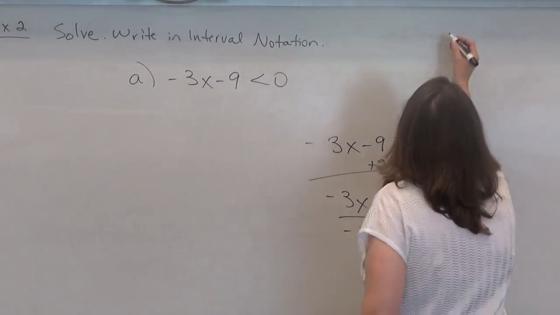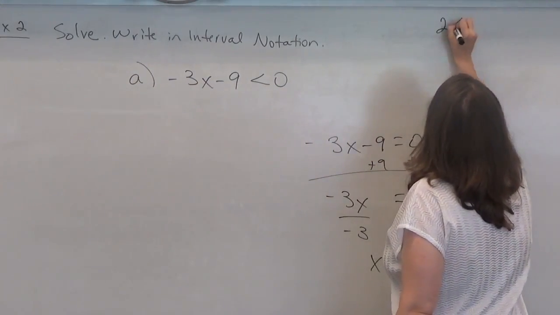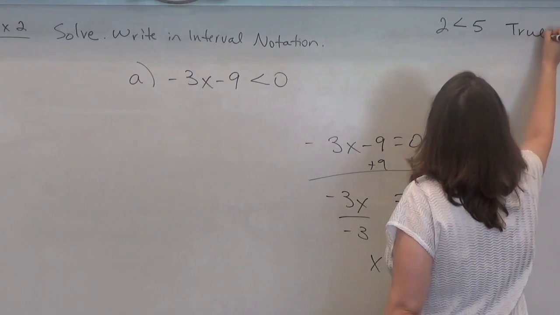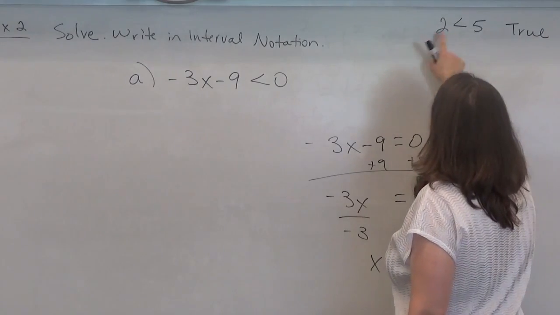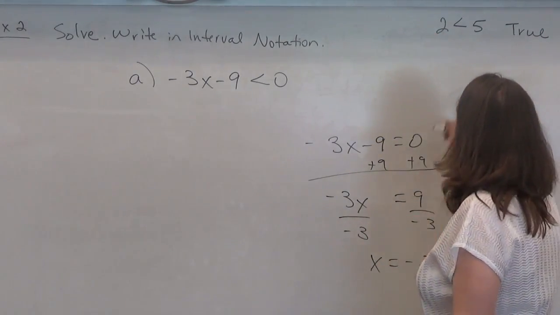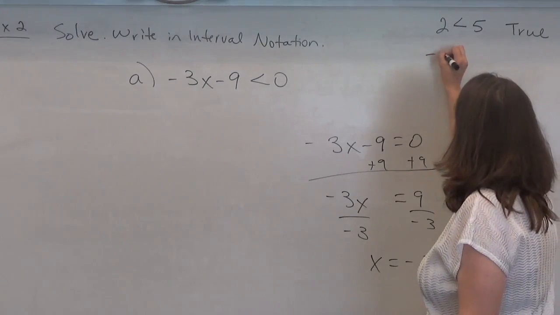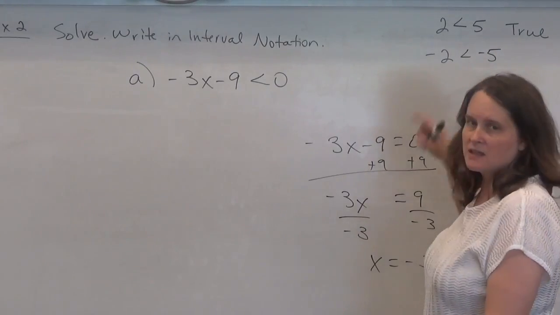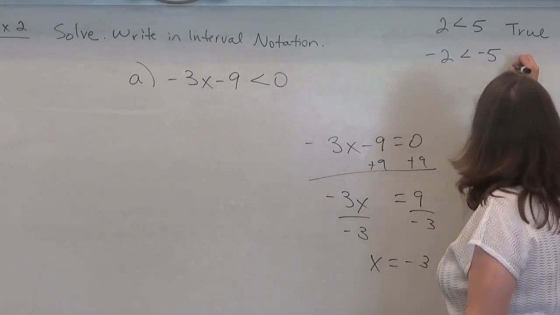For example, let's say you've got 2 is less than 5. We know that's a true statement. What if I multiply both sides of this by negative 1? That becomes negative 2, negative 5. Negative 2 less than negative 5 is a false statement.